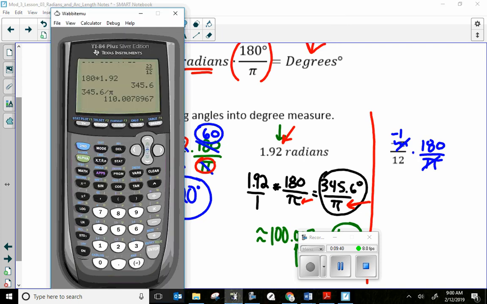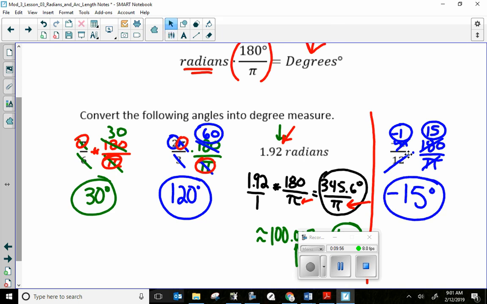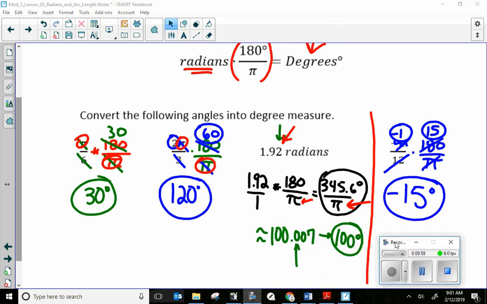Let's double check my math. 12 times 15 is 180. Good. So 12 goes into 180 15 times. So I have negative 1 times 15, which is negative 15 degrees. Look at us. Converting between degrees and radians is no big deal at all.